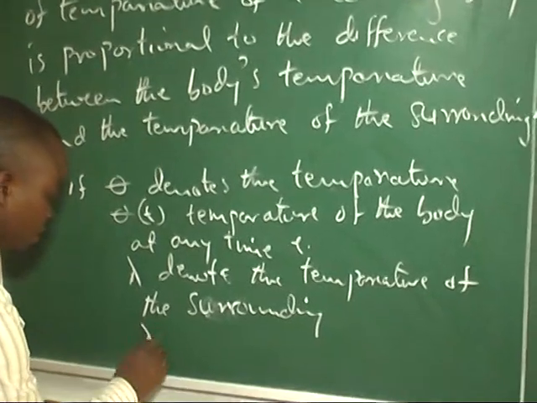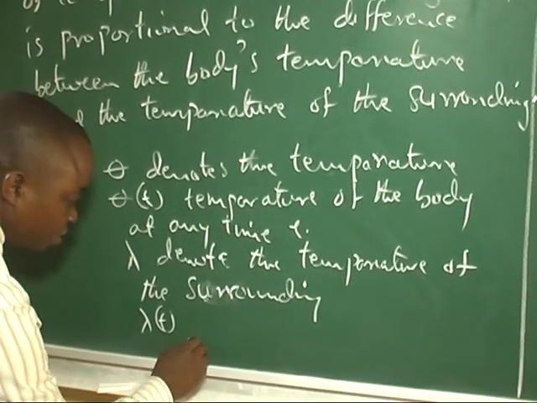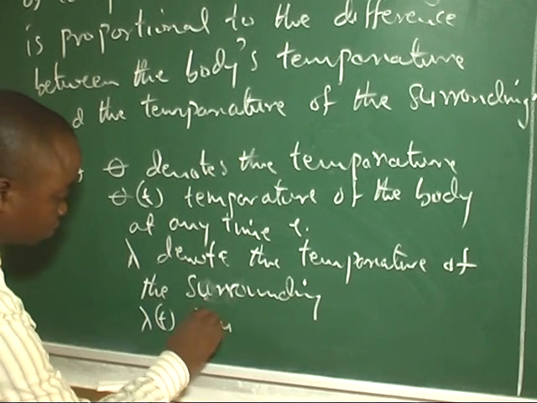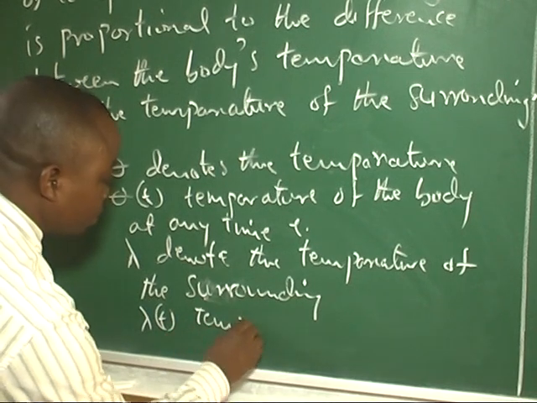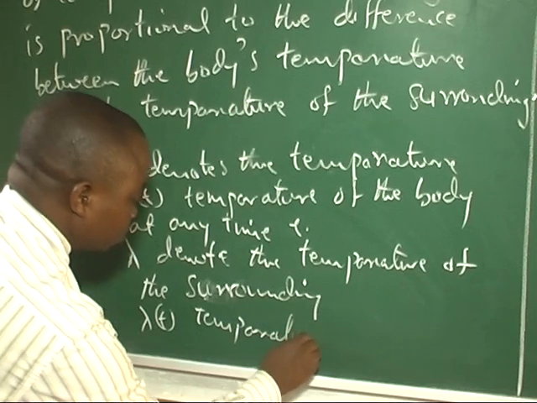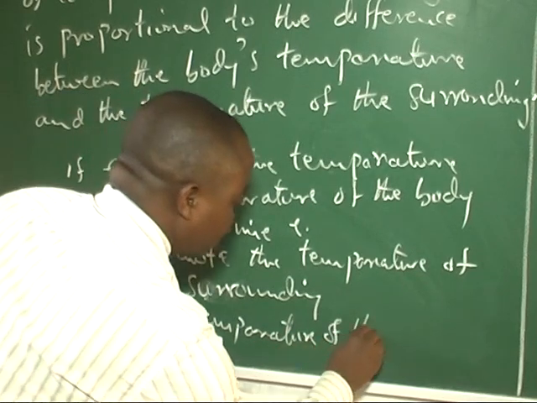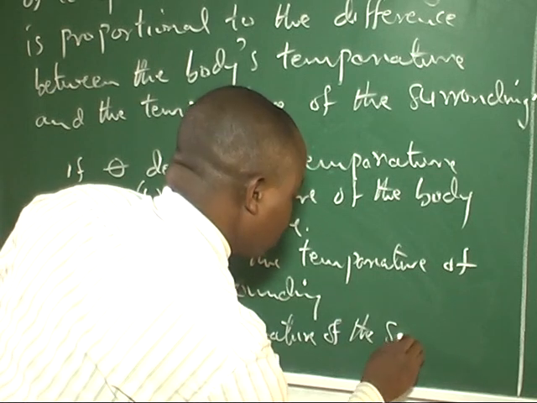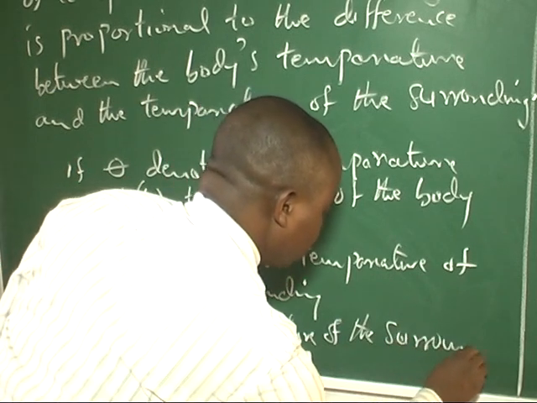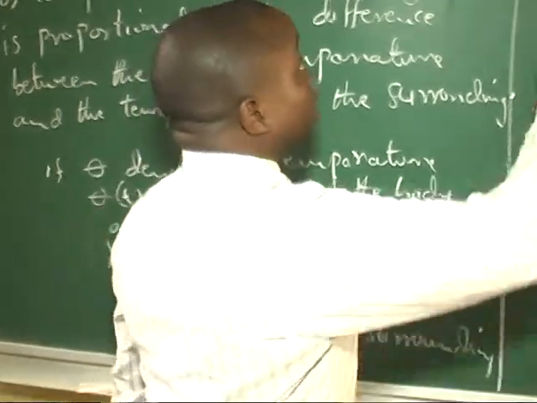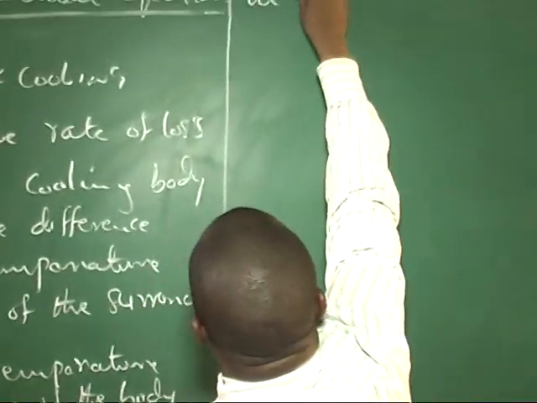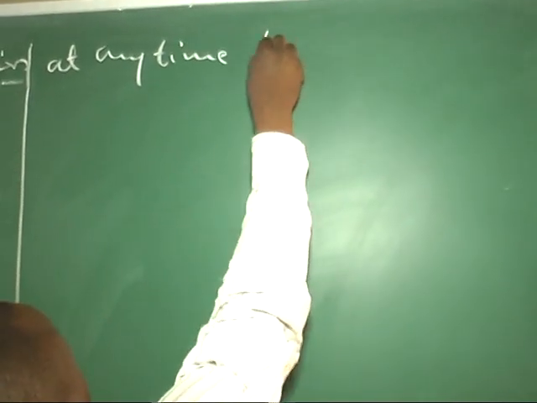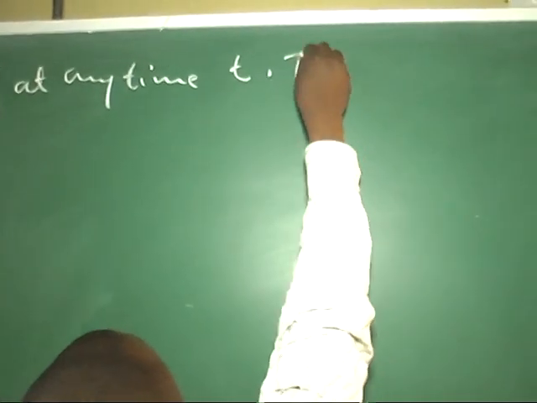So that lambda of T will be the temperature of the surrounding at any time T.